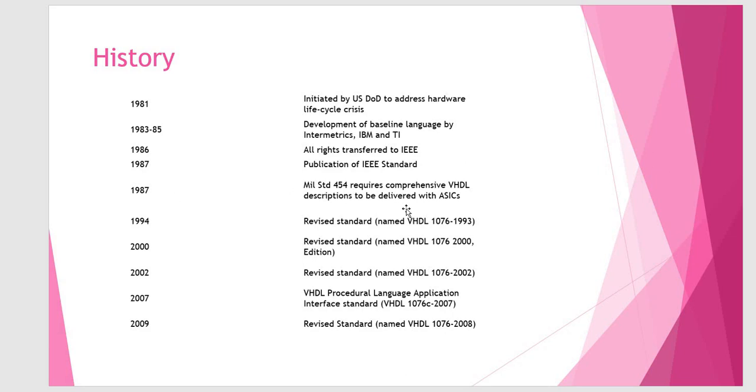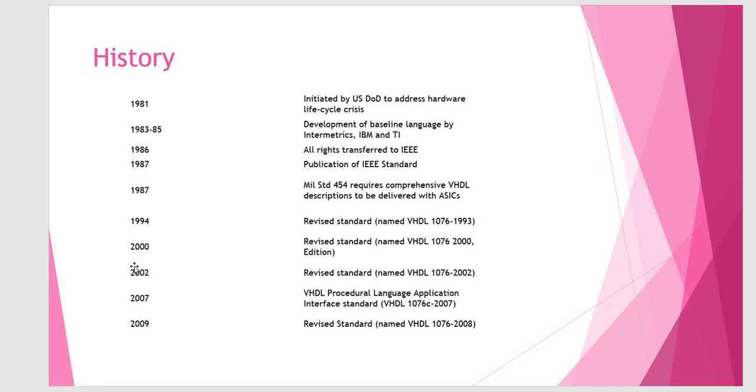1987 again required some comprehensive descriptions to be delivered in context with ASICs. That was carried out. In 1993, the standard was revised and named VHDL standard 1076-1993, out of which the most popular, 1164, is used in day-to-day application as far as software platform is considered.